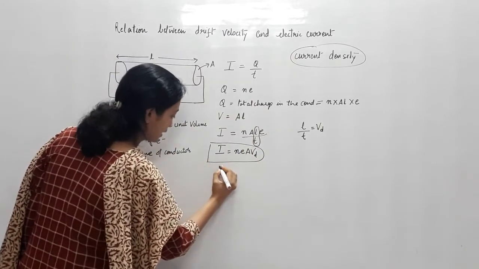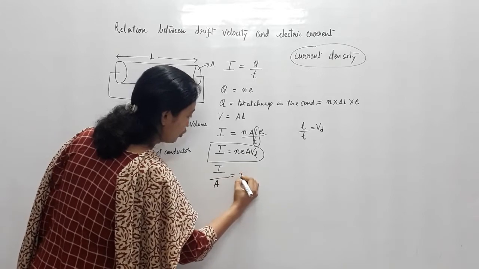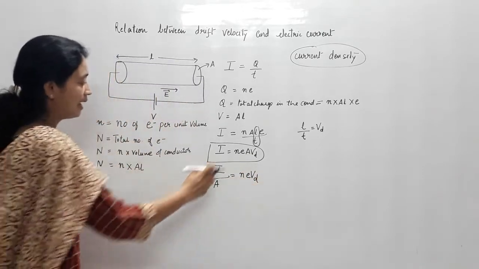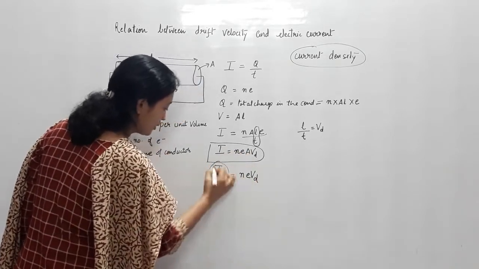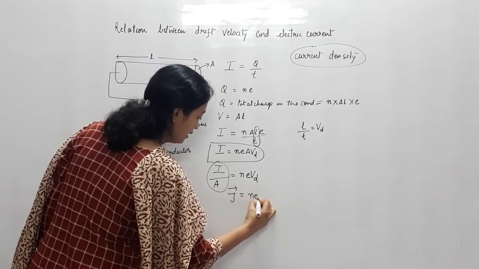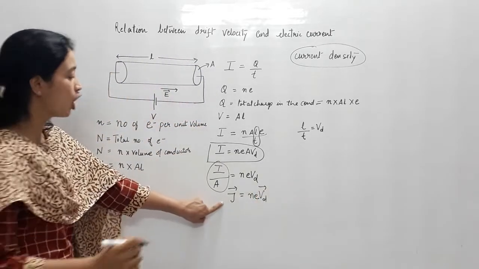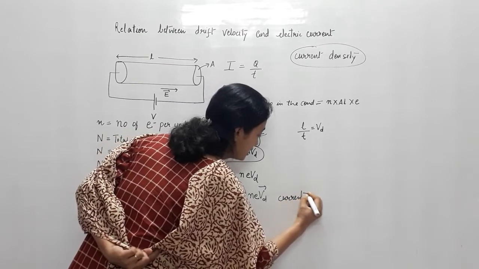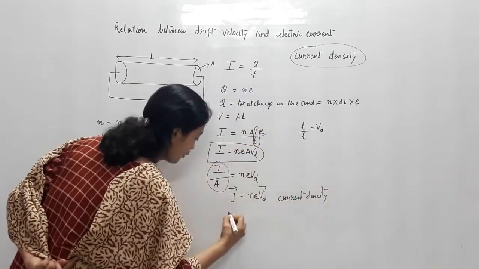Current density is this current divided by area A, which gives n e Vd. It is denoted by J, which is a vector, since velocity is a vector. This term is called current density, and it is a vector quantity.